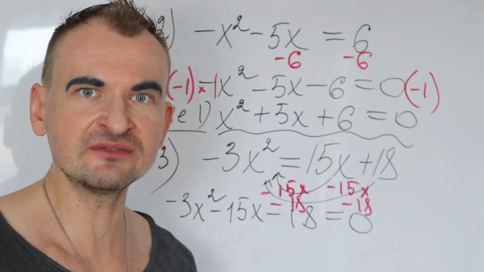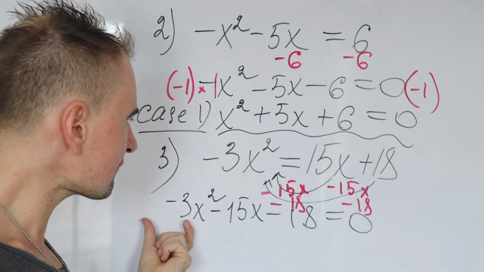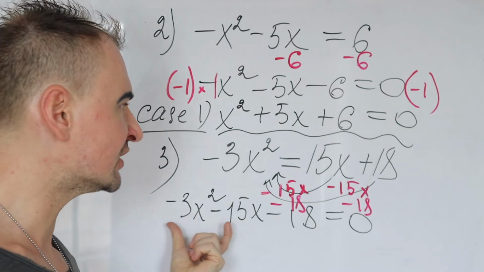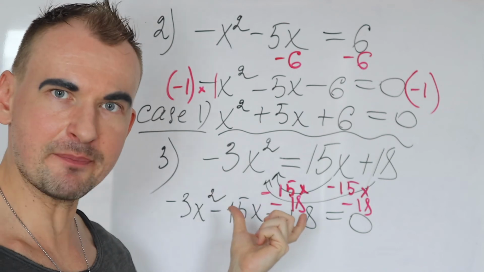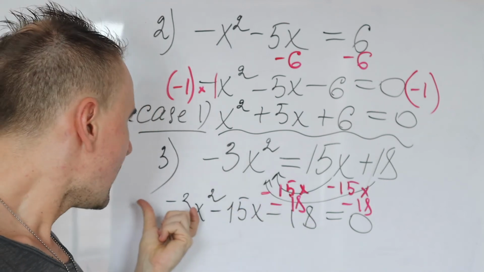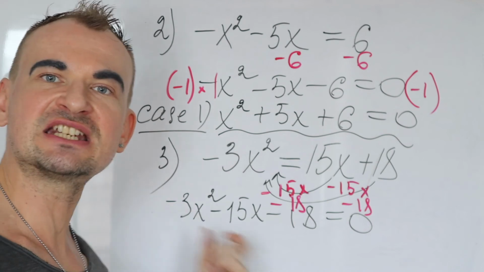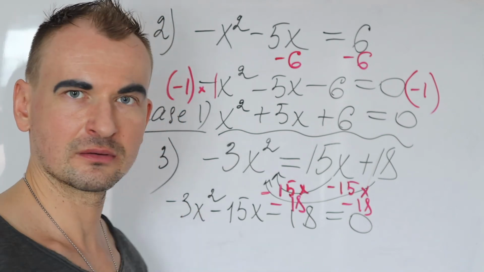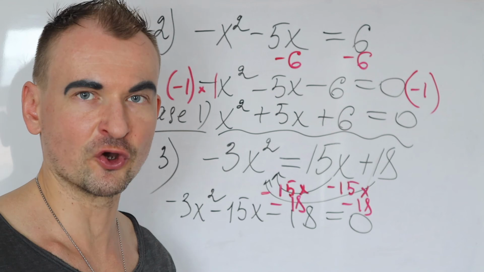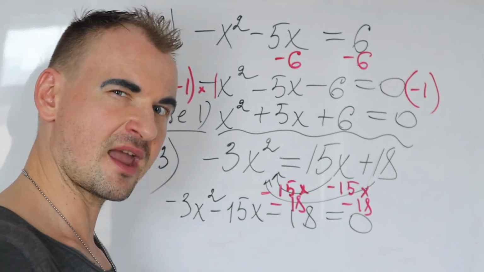Basically, you would achieve the same goal. You would have your equation a little bit simpler than it was in the beginning, and you would also remove this negative in front of your first term. So let's just divide by negative 3.